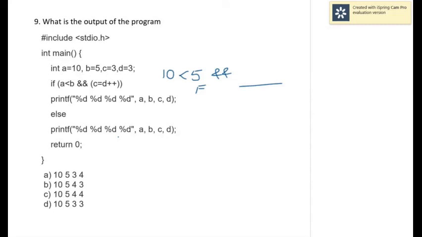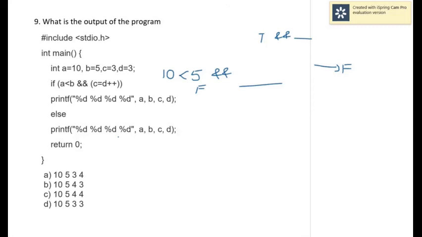Suppose if it is true, definitely the compiler will execute the second expression. So 10 is less than 5, it is false.